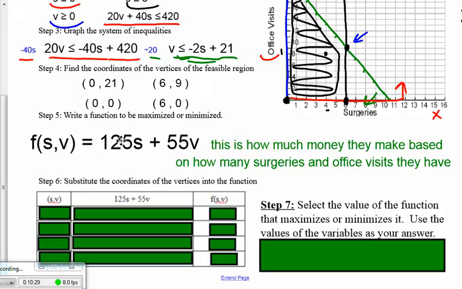That's the money we're getting just from surgeries. What do we do with the number of visits? We multiply it by 55. What do we do with those numbers? We add them together, and that's how much money we make based on that one day. So if one day we had this many surgeries and this many visits, we plug it into this function here, and the output is how much money we made that day.